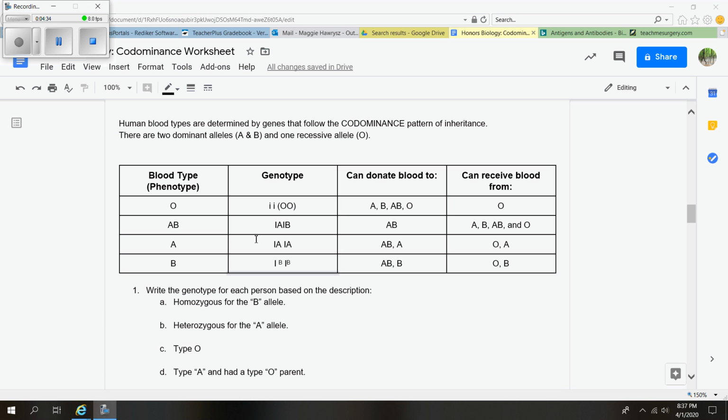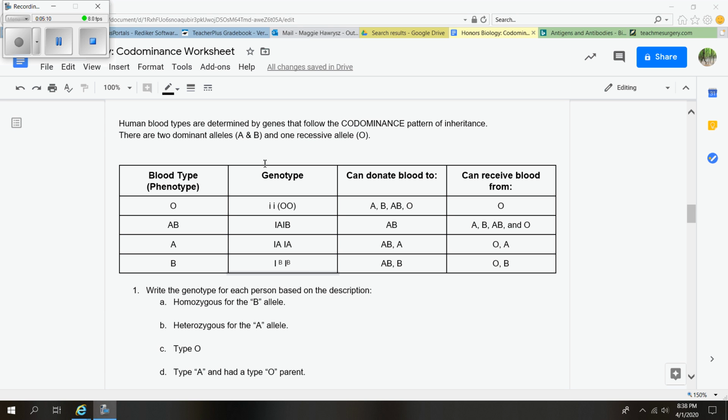Well, in this case, when we're talking about codominance, we're going to have two alleles that stand for the dominant trait and one allele that stands for the recessive trait. In this case, we have the capital IA and the capital IB, both being our dominant alleles. And the lowercase i is going to be the recessive allele. So when those two alleles combine, we get the genotype, as stated in this column here, okay?